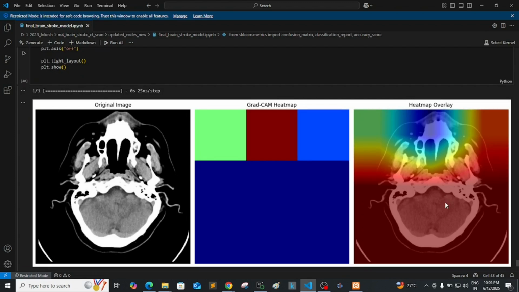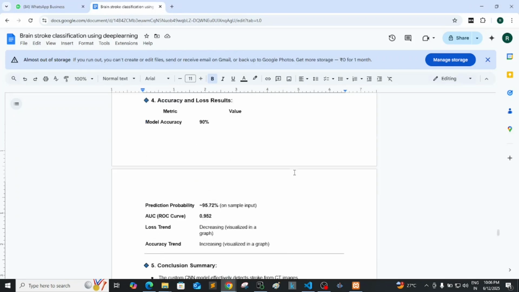So we are doing all those things and getting better results. What model we are using and why we are getting all this, we'll discuss one by one. Before moving further, first we'll understand the theory behind this: what brain stroke is, how it can be detected, and what is happening there. So we'll discuss that disease a little bit.